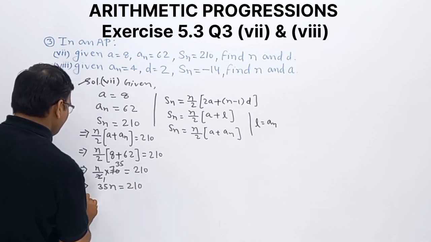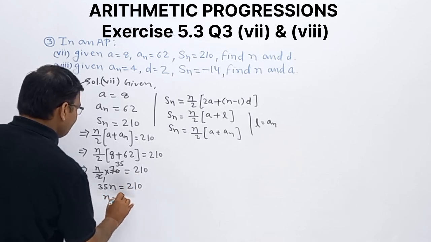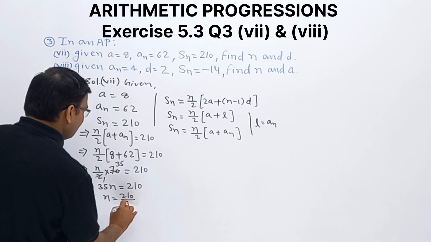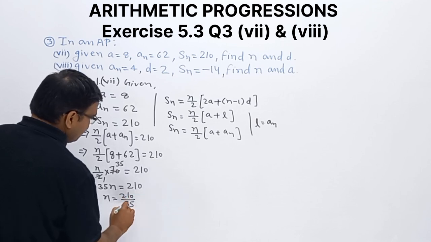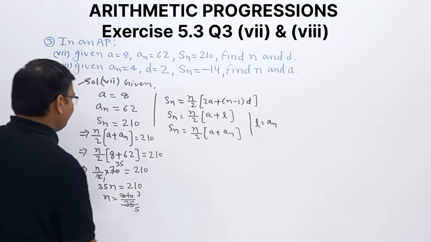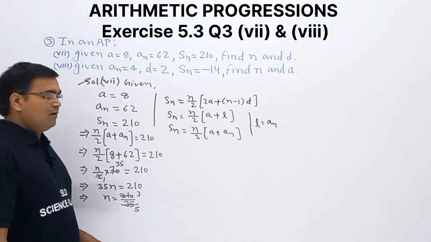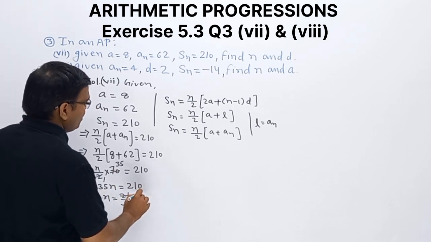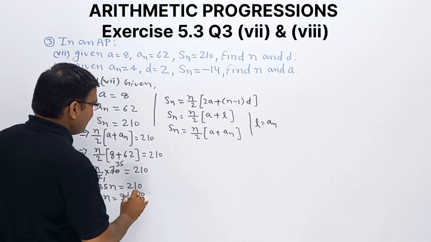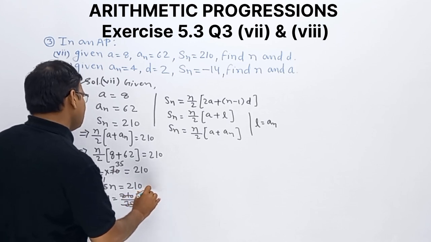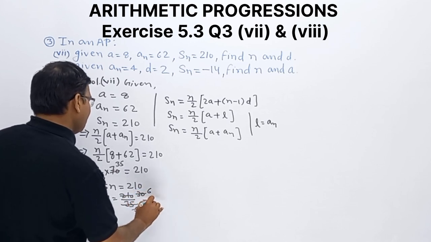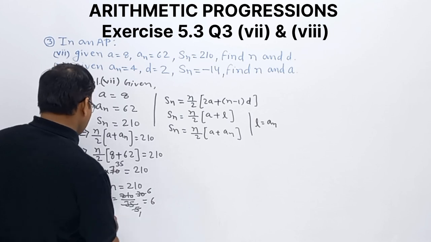Solve for n, can be written as 210 divided by 35. Finally solve this one. 7 fives are 35, 7 threes are 21, 0, 5 ones are 5, 5 sixes are 30. So we are getting n equal to 6.